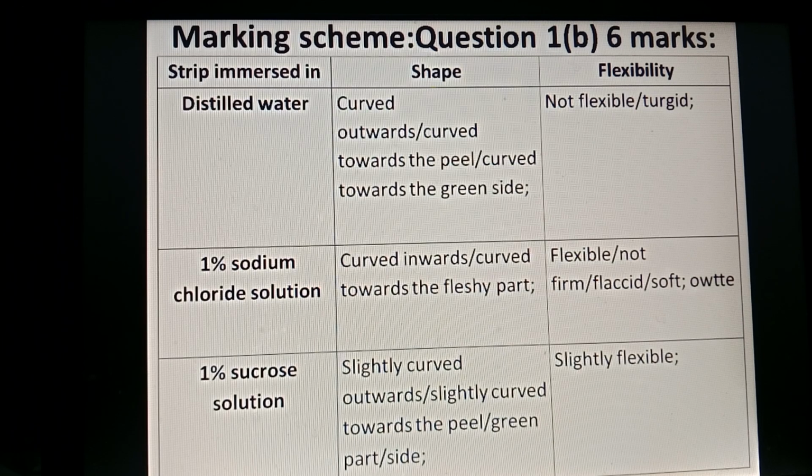In 1% sodium chloride solution, it is curved inwards, or curved towards the flesh part, and the flexibility, it is flexible, not firm, it is flaccid, it is soft, or words to that effect. 1% sucrose solution, it is slightly curved outwards. Alright, slightly curved towards the peel, green part, or green side.